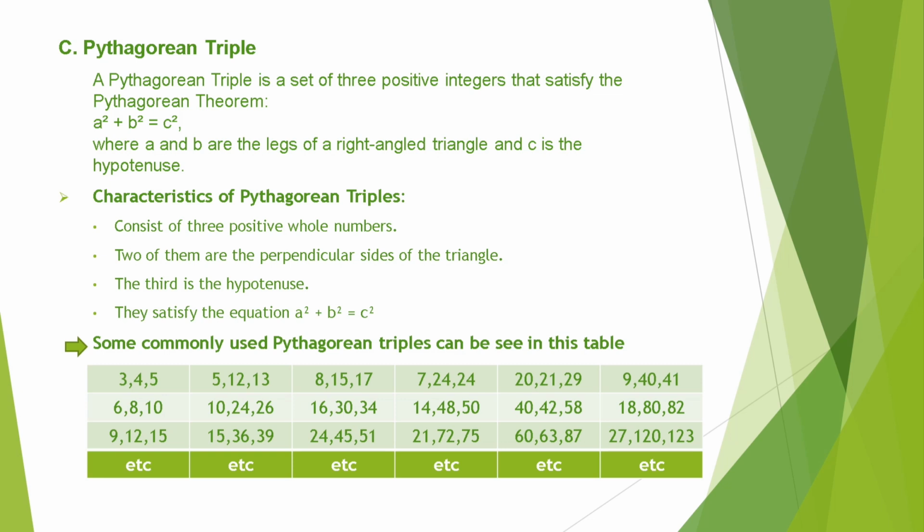Two of them are the perpendicular sides of the triangle. The third is the hypotenuse. They satisfy the equation a quadrat plus b quadrat equals c quadrat. Some commonly used Pythagorean triples can be seen in this table.